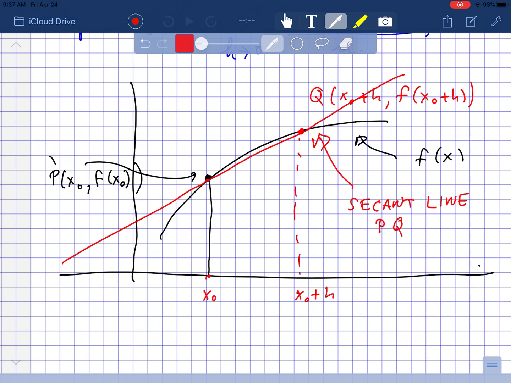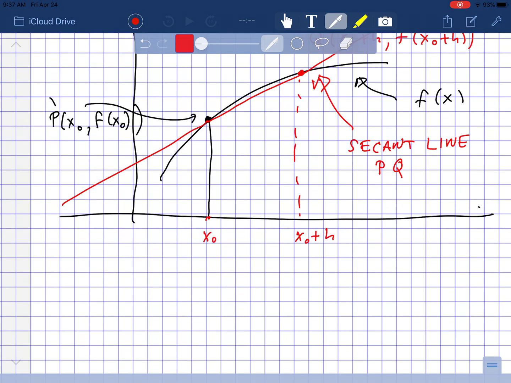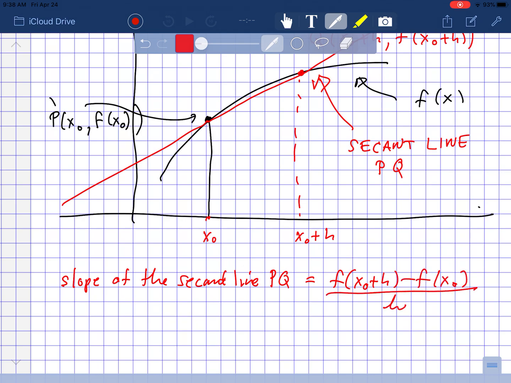All right? Now, I'm going to look at the slope of that secant line. So the slope of the secant line PQ is equal to f of x sub naught plus h minus f of x sub naught divided by h.